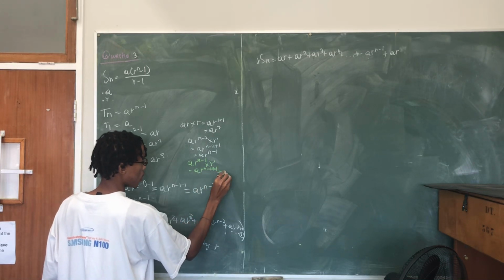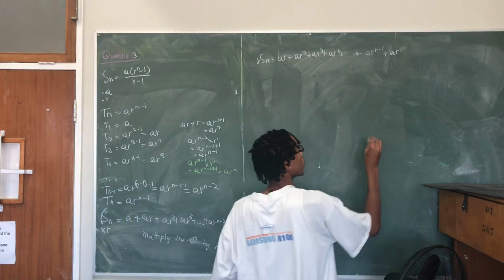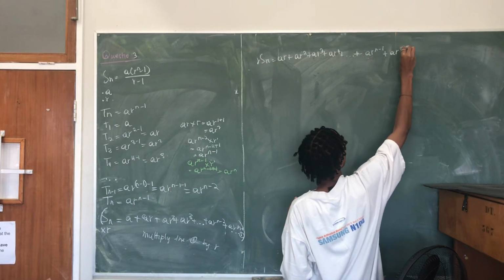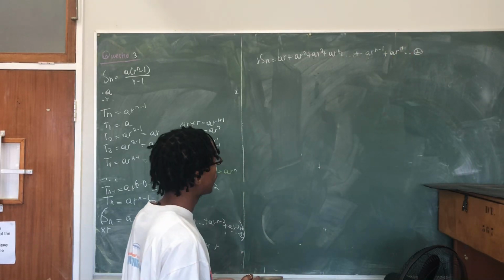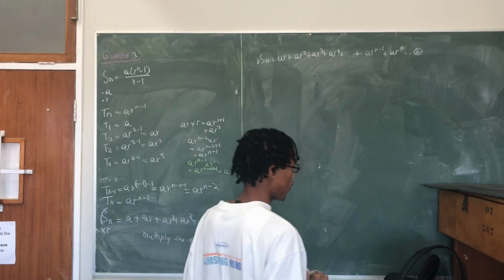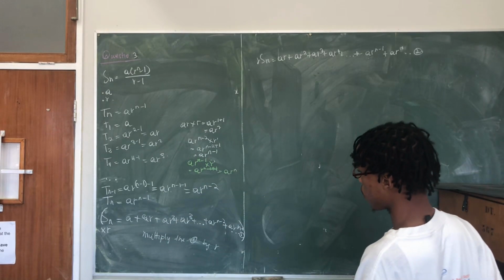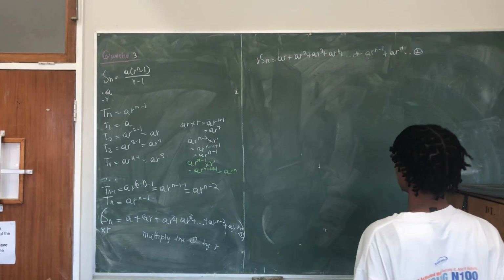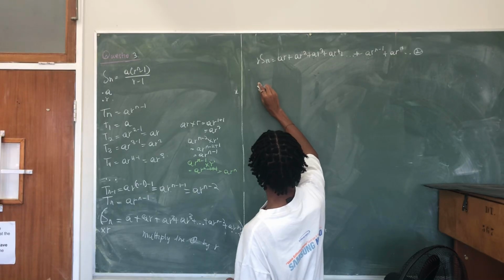These two cancel each other out, so that we're left with a r to the power n. This will be our second equation. So from here, we want to subtract the first equation from the second equation. So we're going to subtract.